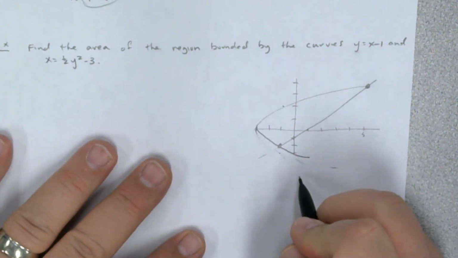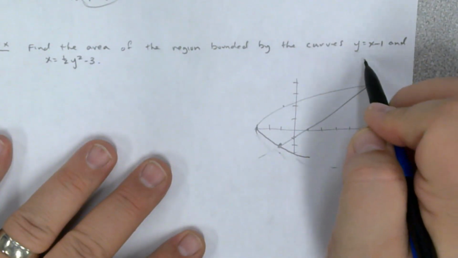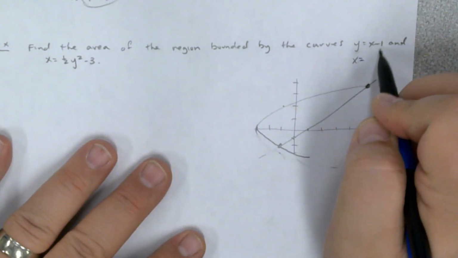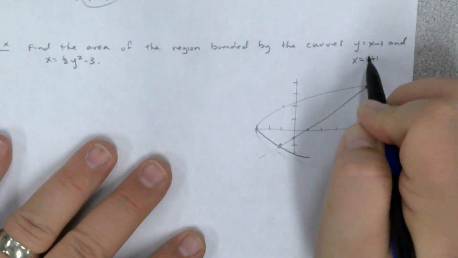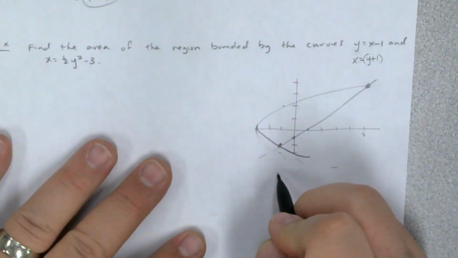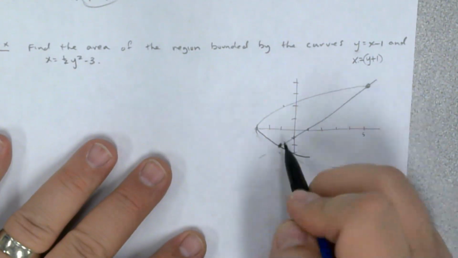So now we need to solve this for x. So x equals, move things around, and we get x equals y plus 1. So when are these two things equal? Okay, and we can work that out and get that solution. But we also graphed it so we know also.